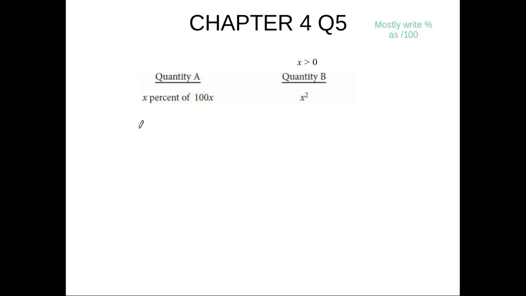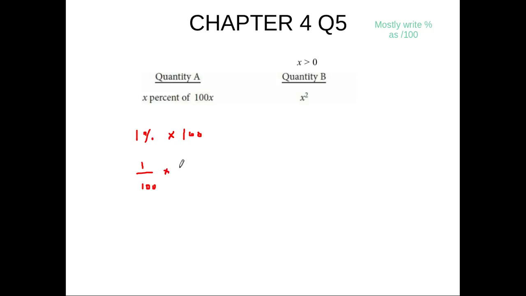For example, here if I say it's 1%, if I substitute 1% here, I would say 1% times 100. Of course it's here times 1 because x is equal to 1, but always write it as 1 over 100 times 100.